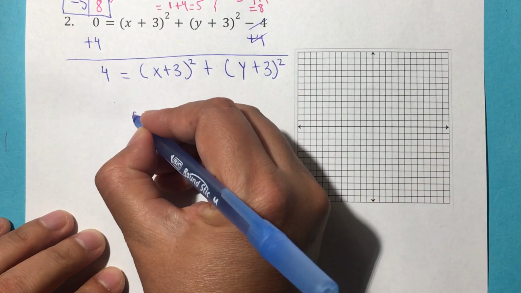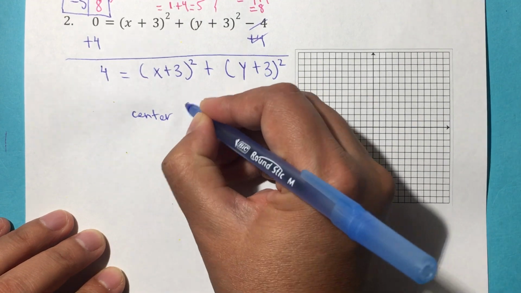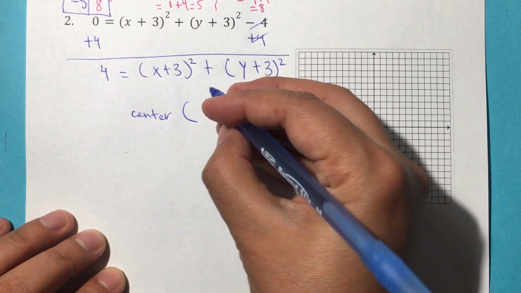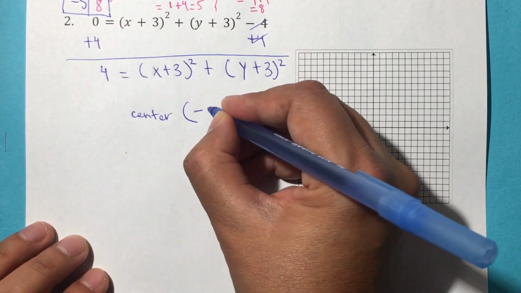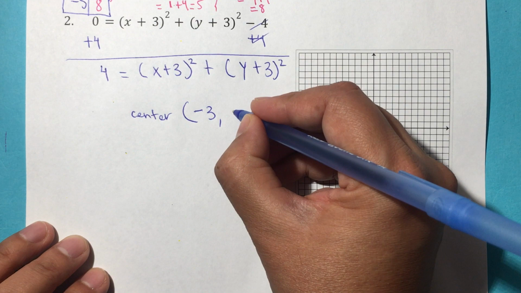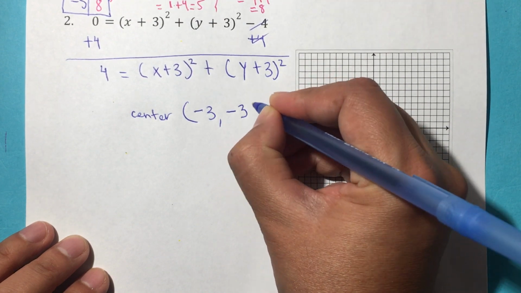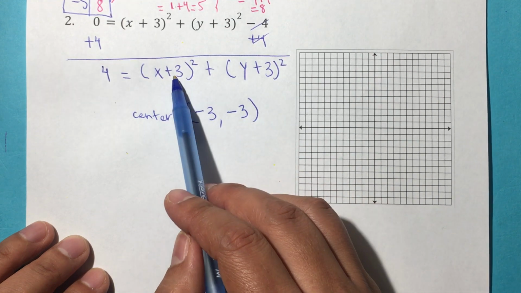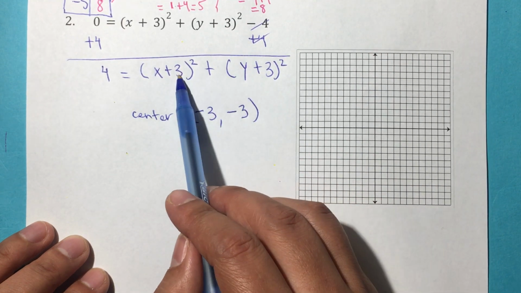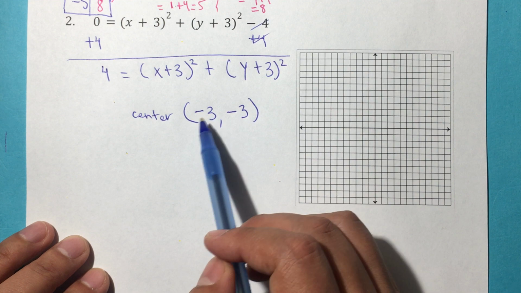And so for the center, you get the opposite of what is being added or subtracted to x. In this case, it's +3, so it's going to be -3. The opposite of this is -3. Why do we get the opposite? Because it's inside of the parentheses, okay? If it's inside of the parentheses, then we change the sign.